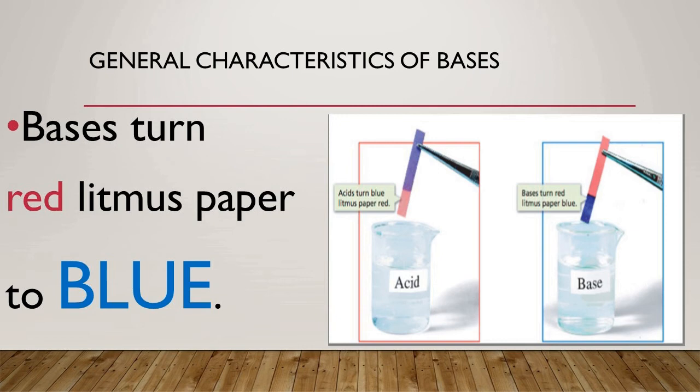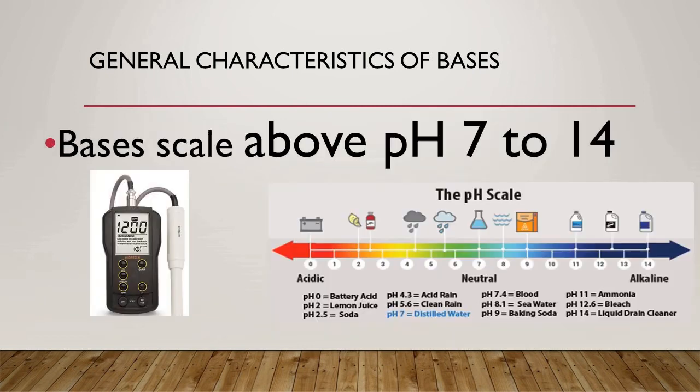And another way of determining bases is by the use of a pH meter. Again, you have an example of a pH meter there, a device to test the acidity or basicity of mixtures or compounds. If the pH meter scales above pH 7, it means that it is a base.